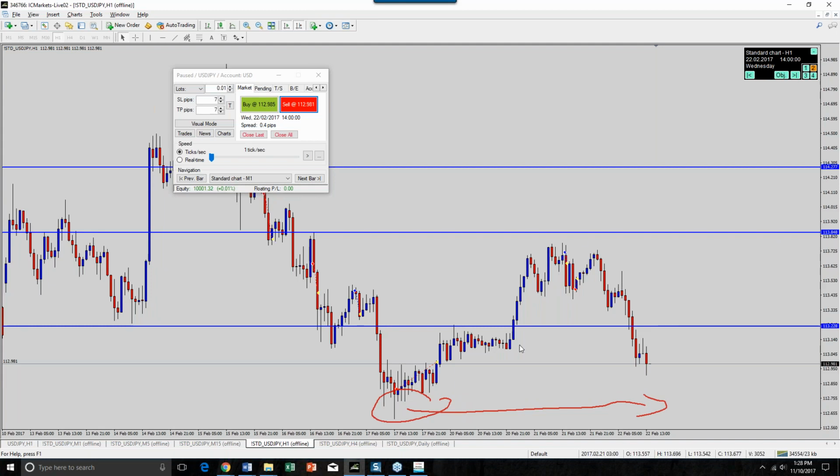Okay, so 7 a.m., we should be okay taking sells at this point. Actually, I don't want to do that. Close. Let me do that. I want to increase this because we should be good for sells at this point. So I'm going to go to this level here. We should go here at 112.701.